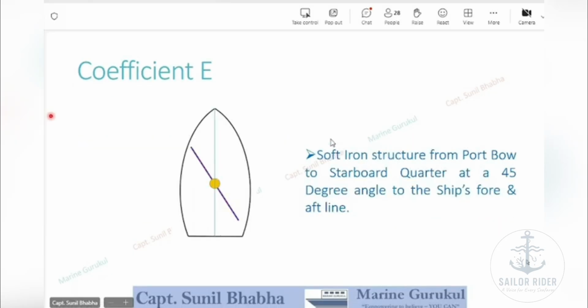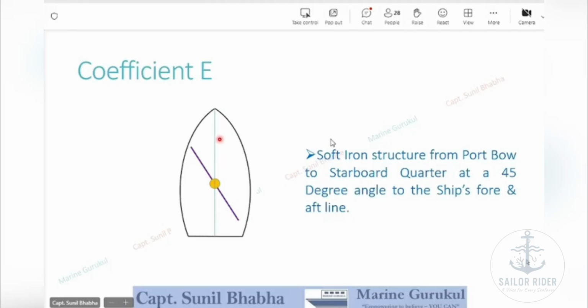So for generation of coefficient E, we need to have a soft iron structure on the ship in this particular orientation. You can see a soft iron structure at a 45-degree angle to the fore and aft line or to the Athwartship line. A normal merchant vessel will not have any structure like this.